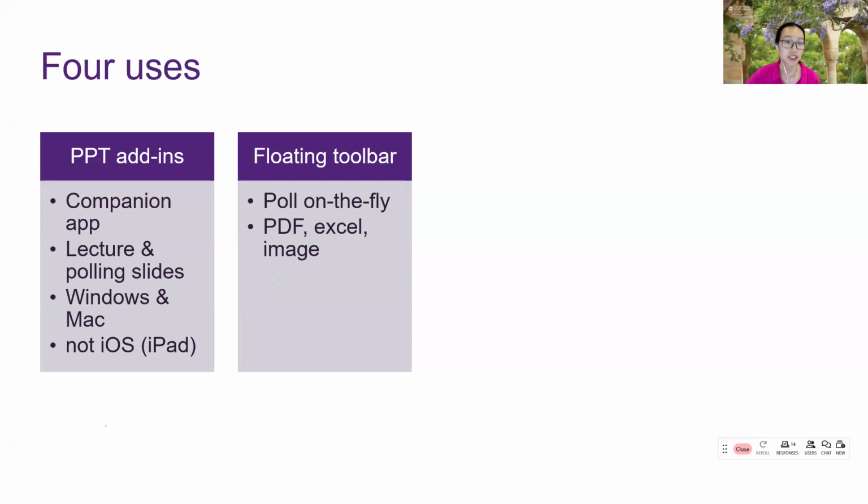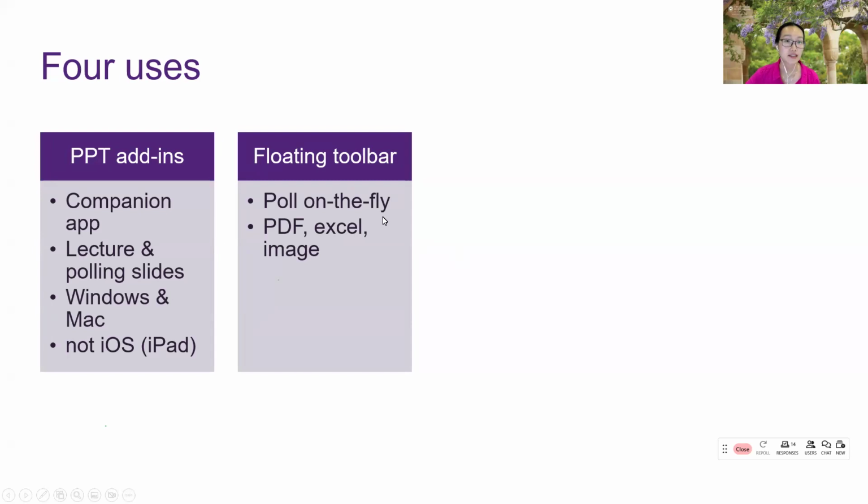And then if you want to ask any question in the class, even though you do not have the PowerPoint enabled into that teaching, you have any image on the screen, or if you even do not have anything, you only need to have the screen in the class, and then you can ask students the question, and the students can scan the QR code and answer any question that you have. So it's on the fly.